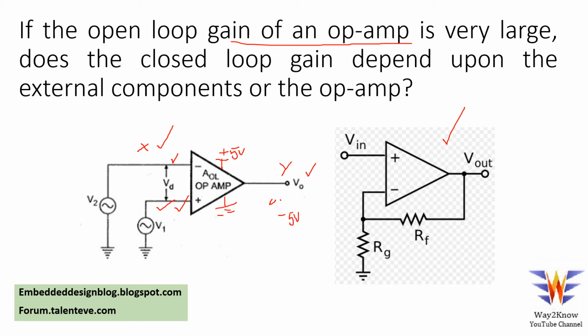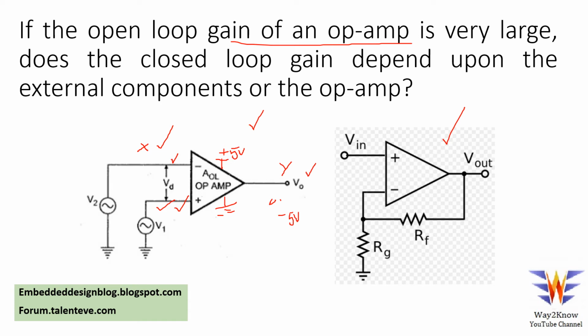So that is the scenario with respect to the open loop gain operational amplifier. Definitely the gain would be large here. Now before going to closed loop gain op amp, in this particular op amp, when the voltage on the non-inverting terminal is greater than the inverting terminal, we have positive output, and when the input on the inverting terminal is more than the input on the non-inverting terminal, we have negative voltage.